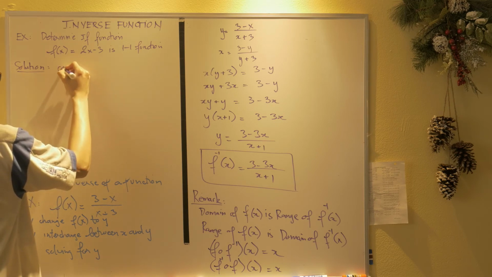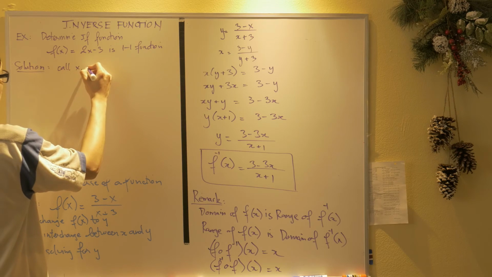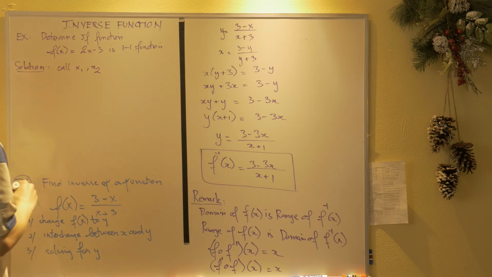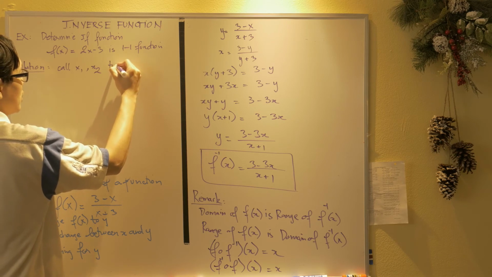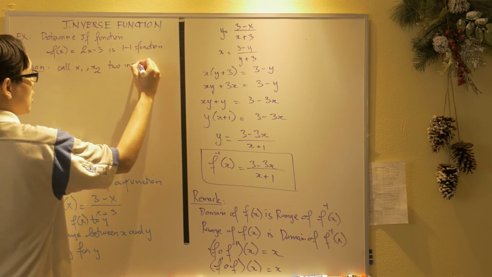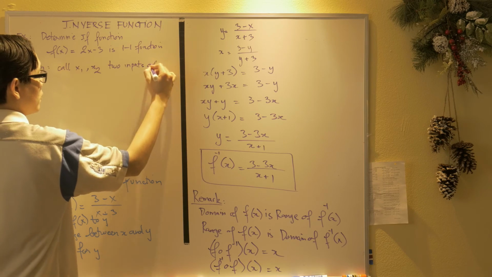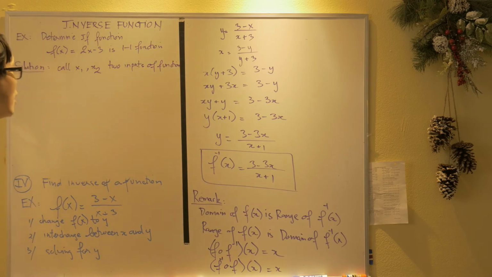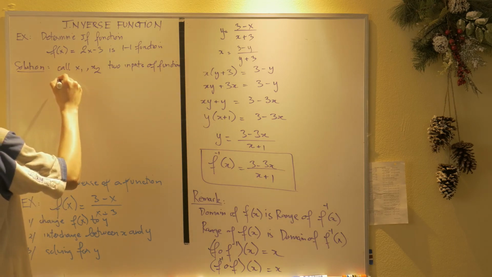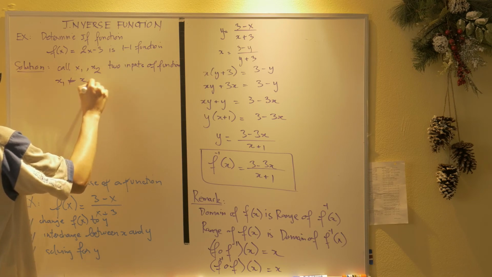So call x1, x2 two inputs of the function. We need to show that f(x1) is different from f(x2), given we know that x1 is different from x2.